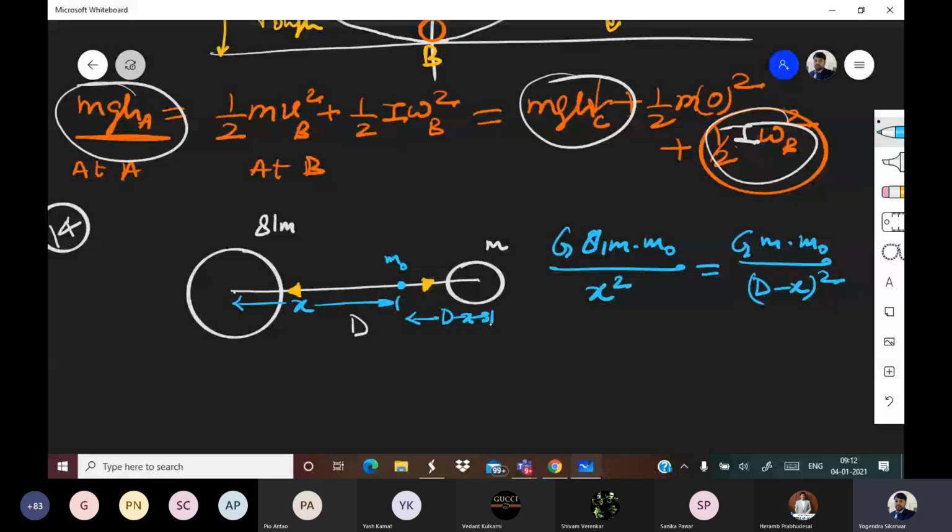So we can write 9d minus 9x is equal to x. So 10x is equal to 9d. x is equal to 9d by 10. This is the answer.